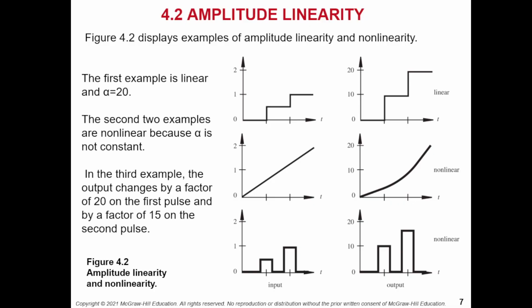What's the alpha here? What's the factor for this period of time? Input is 0.5, output is 10. So what's the factor between input and output?